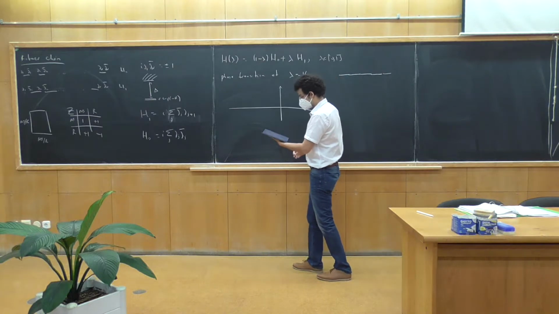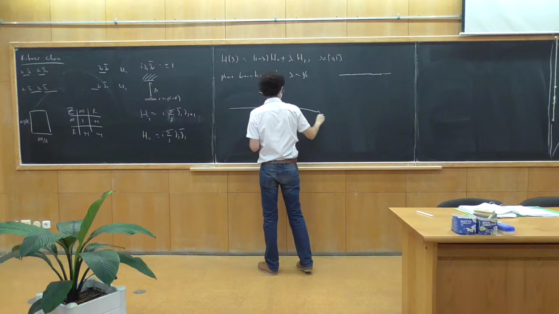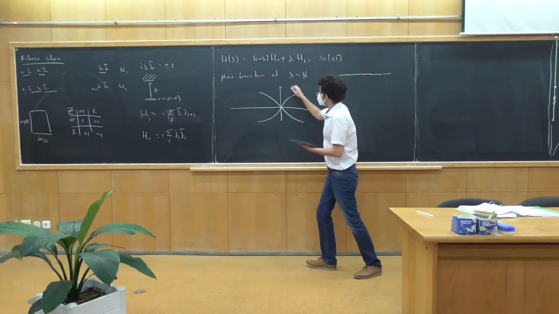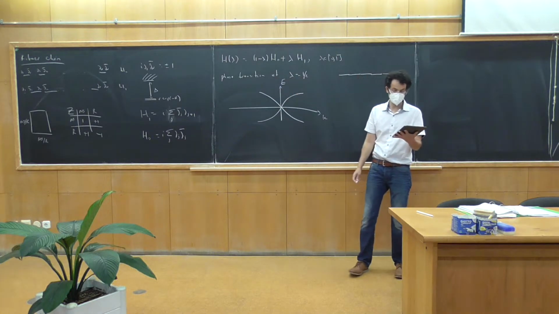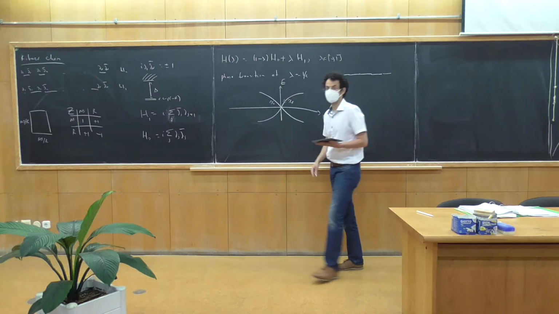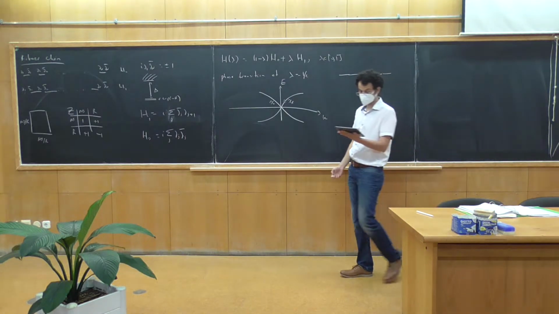And if you solve for the spectrum as a function of momentum, you find that at zero energy you have two modes. You have a right mover and a left mover, which are one-dimensional right-moving and left-moving Majorana modes.